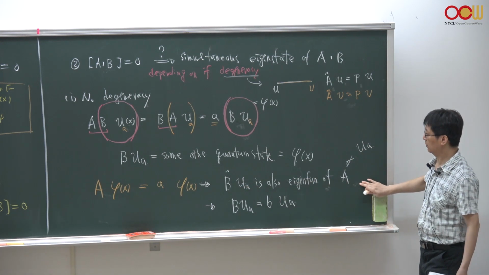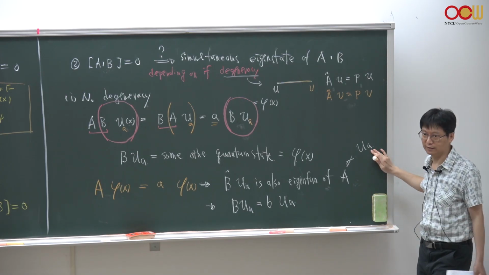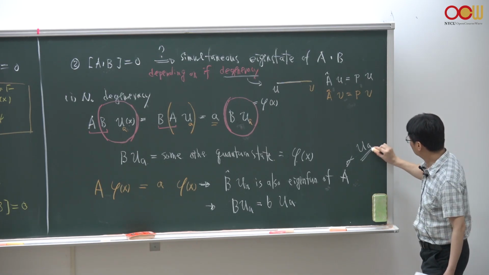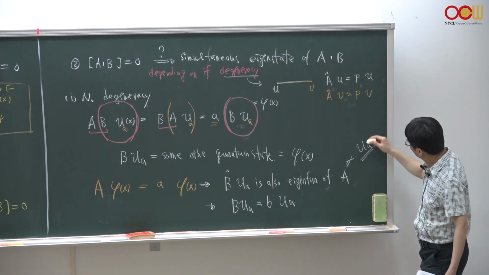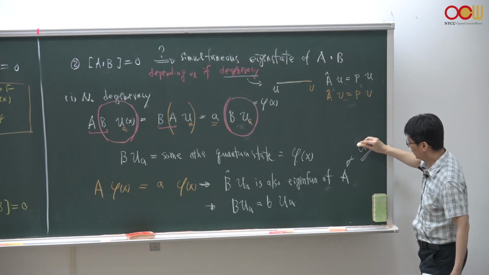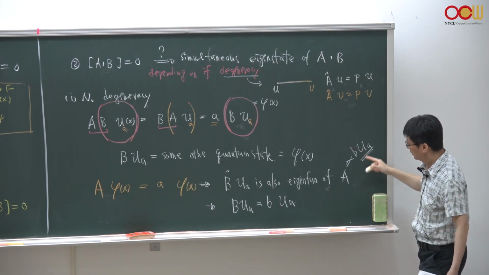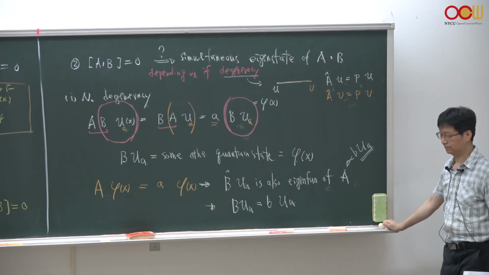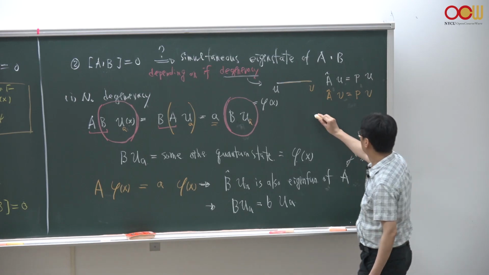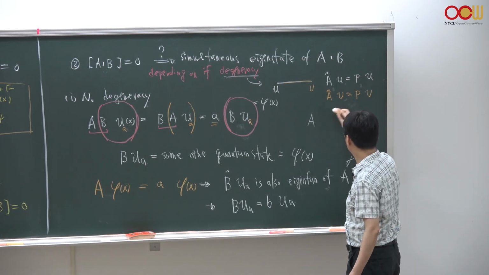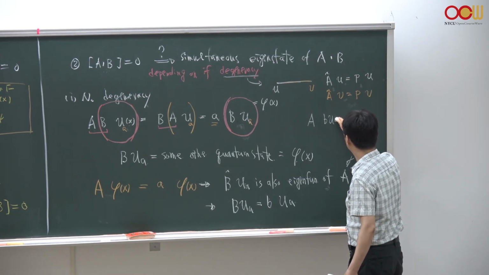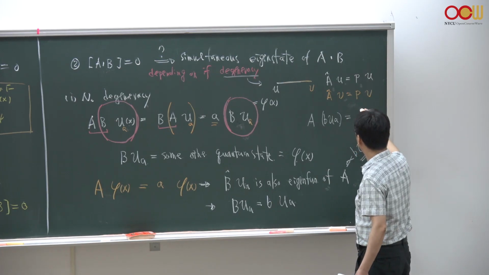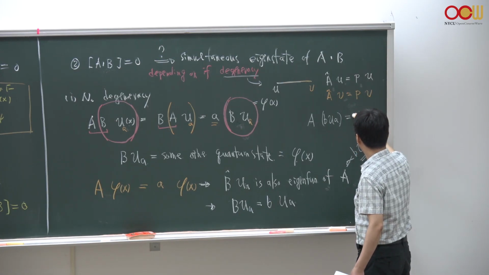What is the eigenfunction of the A operator? Well, it's UA. But any function made of UA times a prefactor, which I call little b here, is also an eigenfunction of A, right? Because A acting on b times UA is actually what? A b times UA.